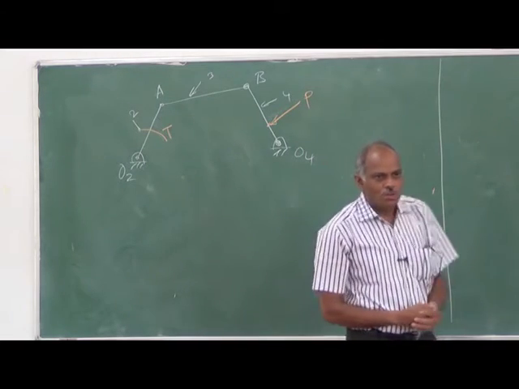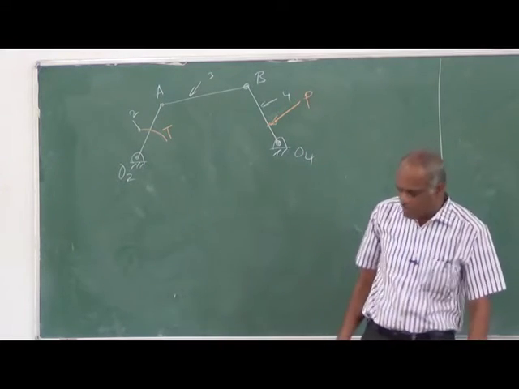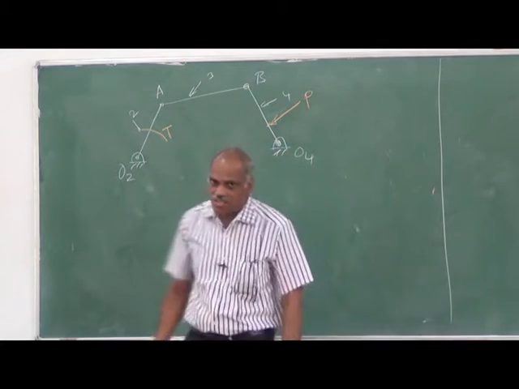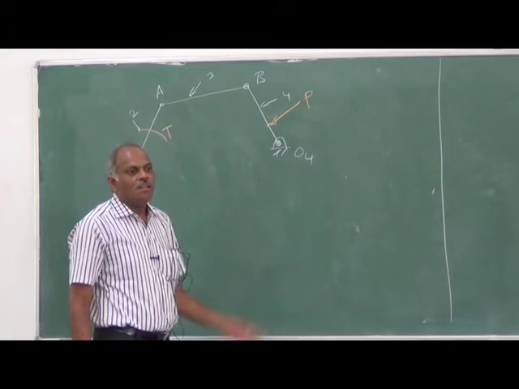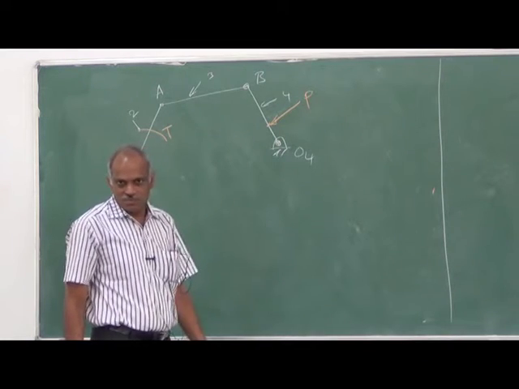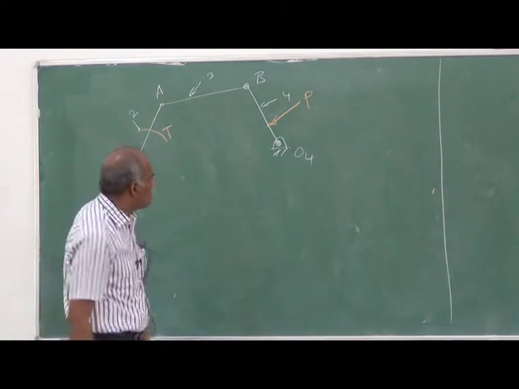So this is similar to the problem that we have just discussed. So what is the first step? Draw the free body diagram. So for each linkage you have to draw the free body diagram.